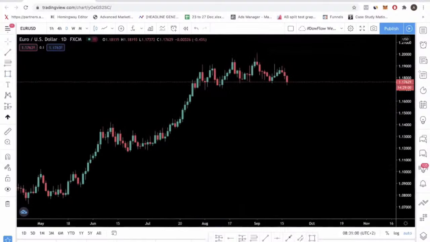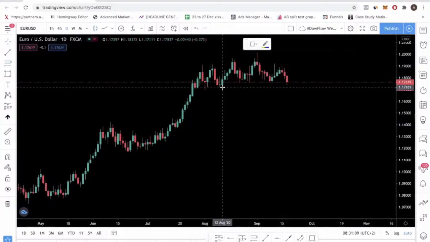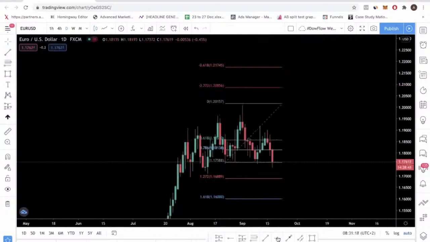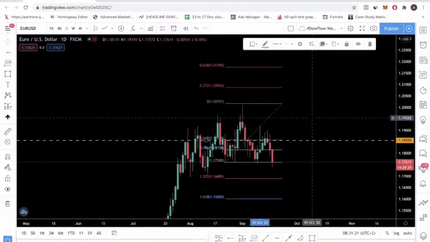So is there a sign that EUR/USD is about to reverse? Let's draw the Fibonacci tool. As I mentioned, you take the recent swing point, you can take here, and this level over here has been broken. So this is a telltale sign that the trend has changed.